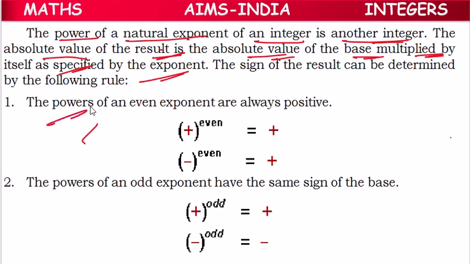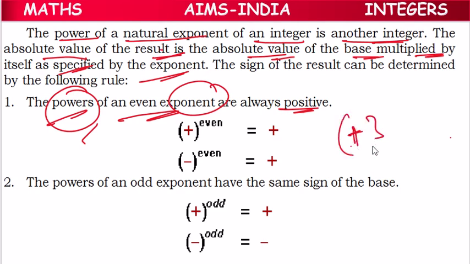So here the powers of even exponents are always positive. Means if you have plus 3 whole square, we have even exponent here. 2 is the exponent, and it is an even number. At that time, its value will be plus 3 whole square, means plus 9.